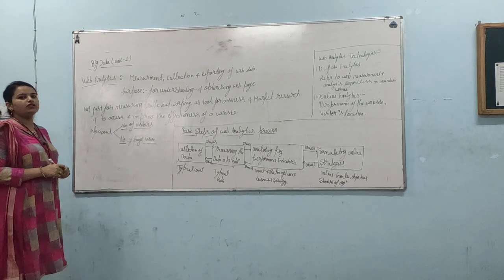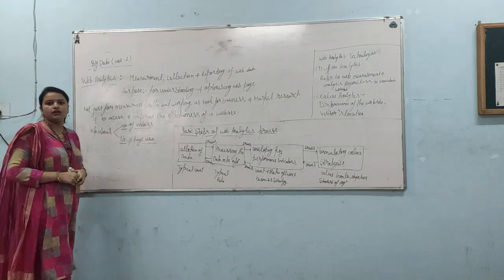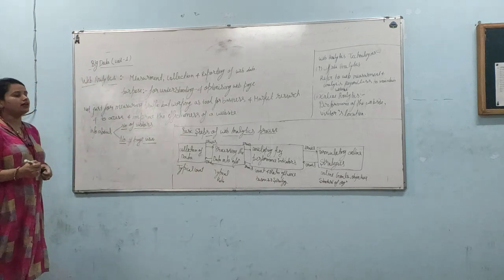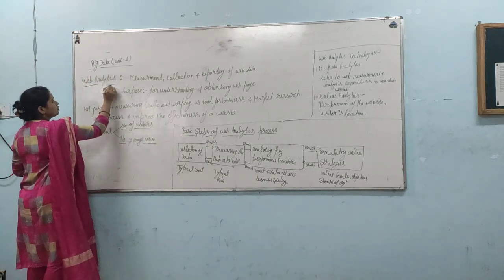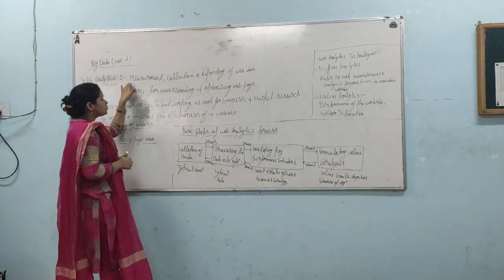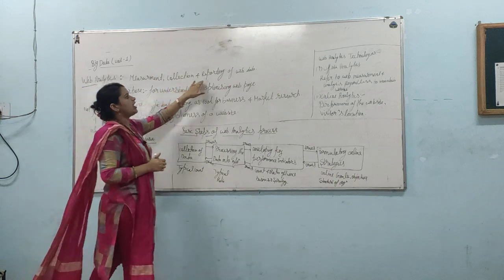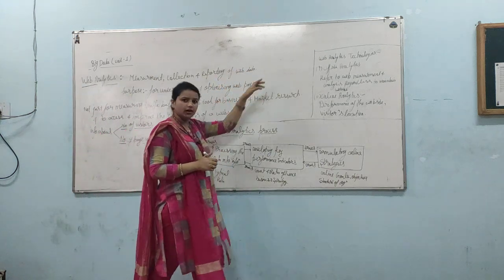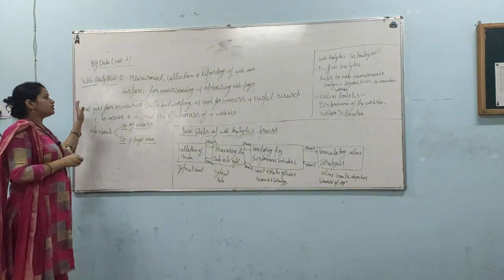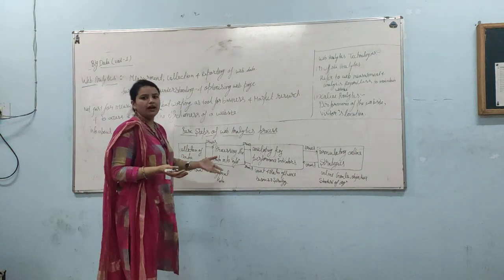So good morning everyone. Today we will discuss another topic of big data unit 1, that is web analytics. So basically, web analytics, what is this? It is used to measure, collect and report web data. In general, it tells about your web page.